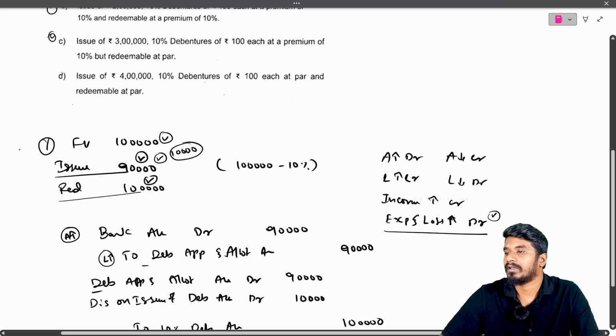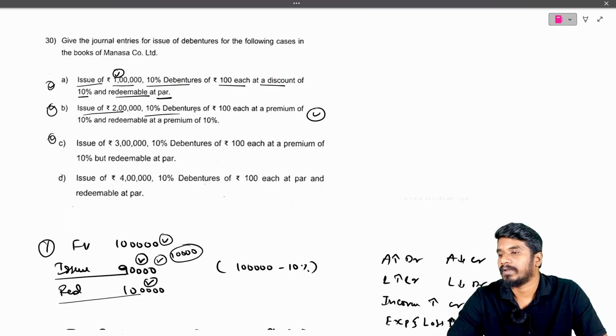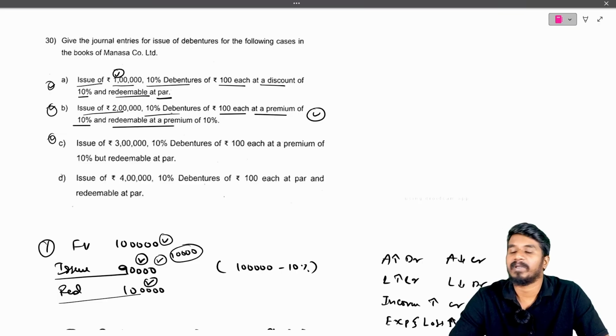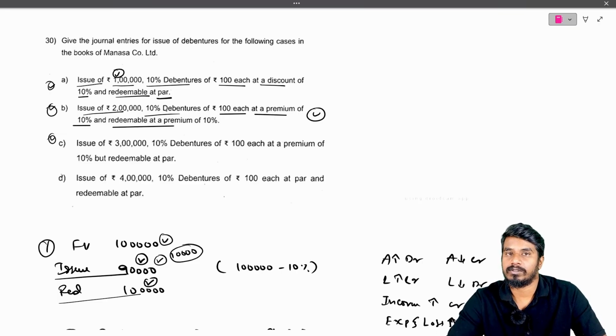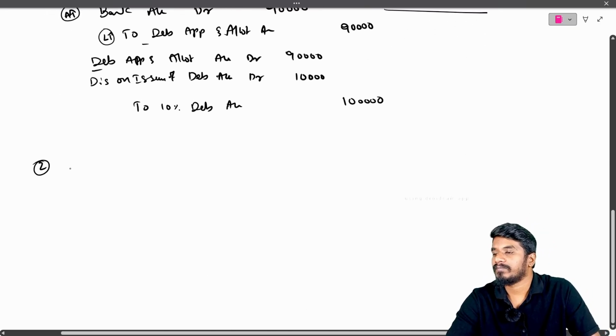If you watch the previous video, these questions will be very easy. Issue of 2 lakh rupees of 10% debentures of 100 each at a premium. They are issuing at a premium of 10% and redeemable at a premium of 10%. Issue also at premium and redeemable also at premium. So let us see how we can generalize.